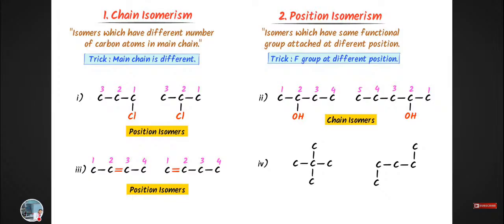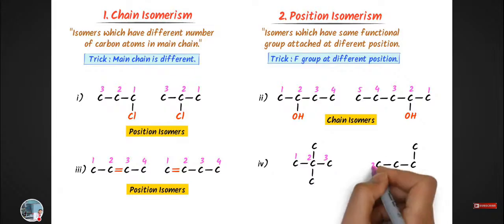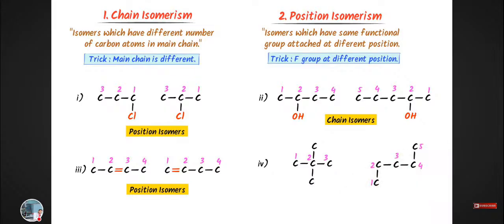Fifthly, the main chain has 1, 2, 3 carbon atoms, while here 1, 2, 3, 4, 5. Here are 5 carbon atoms. So they are chain isomers. Therefore, remember that chain isomers have different number of carbon atoms in the main chain, while position isomers have the same functional group bonded at different position in the same carbon chain.